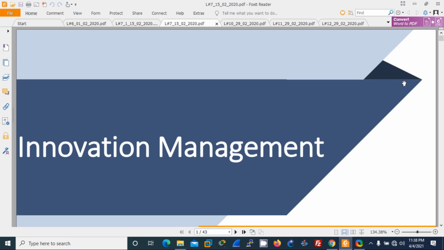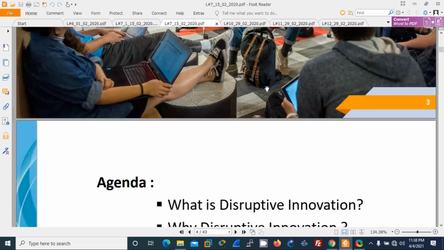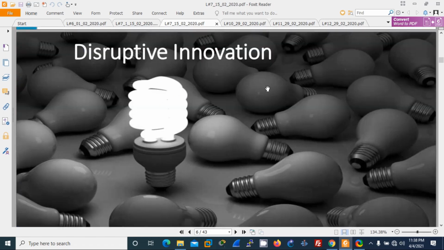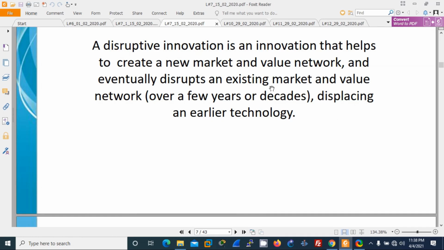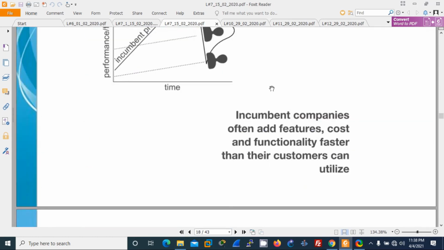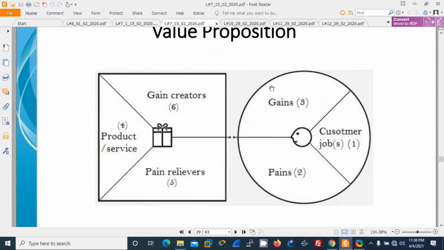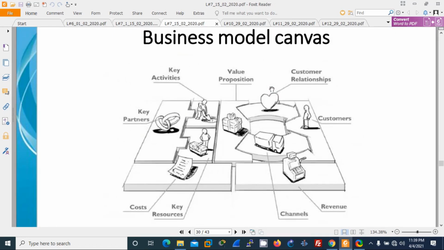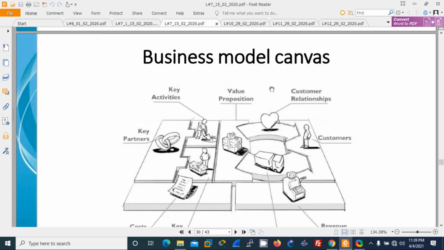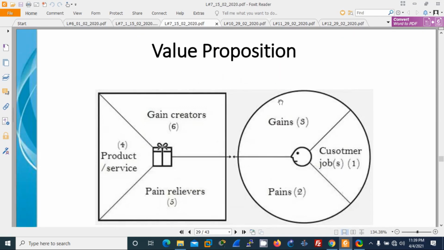In lecture number 7, in the lecture notes I shared with you, you can see the value proposition diagram. I discussed how to do it, and also how to construct a business model canvas out of the value proposition diagram.